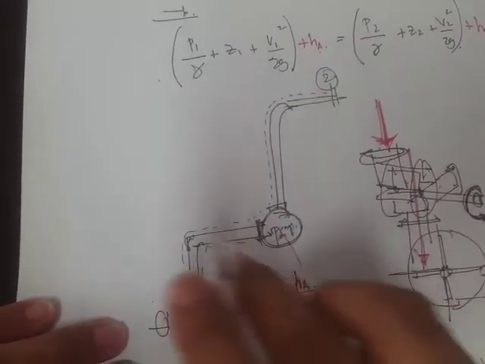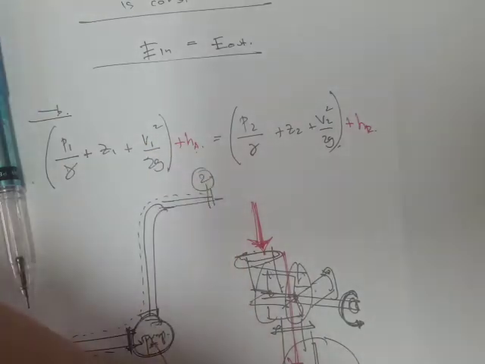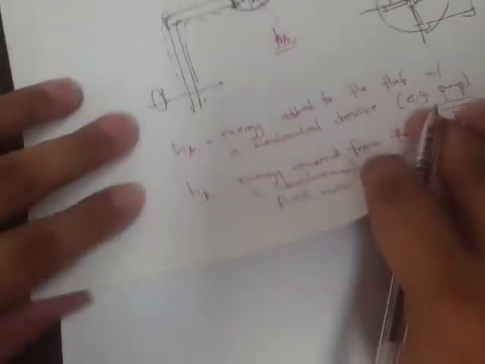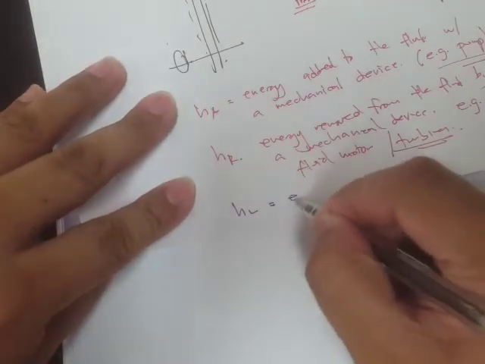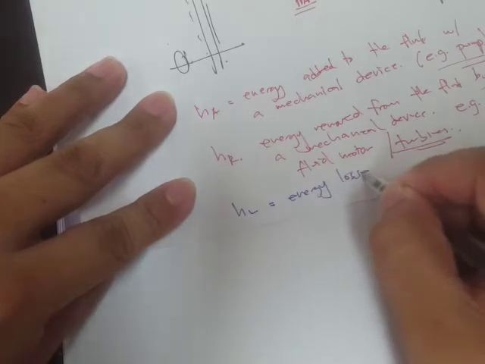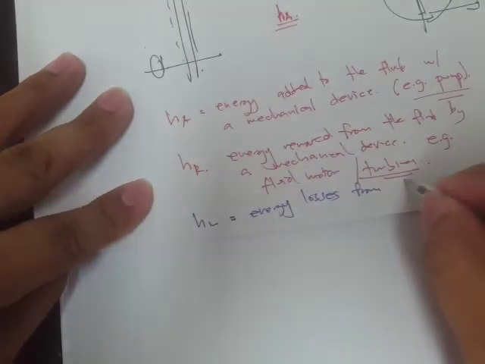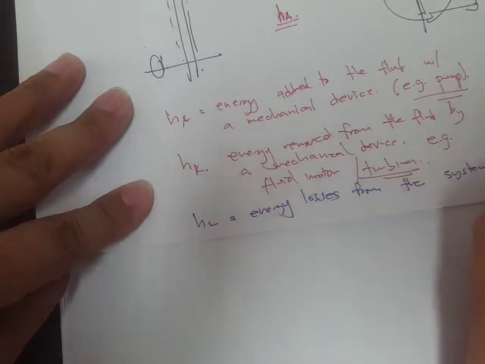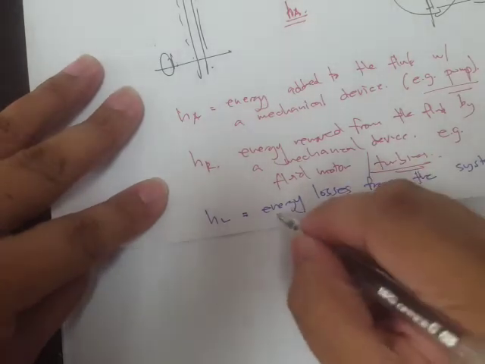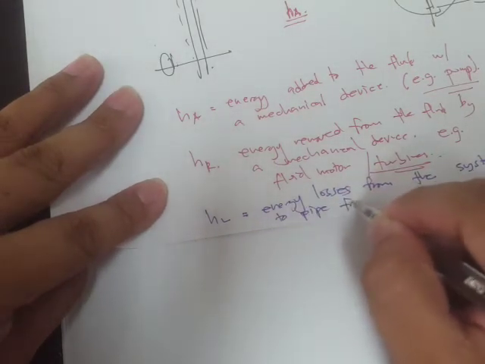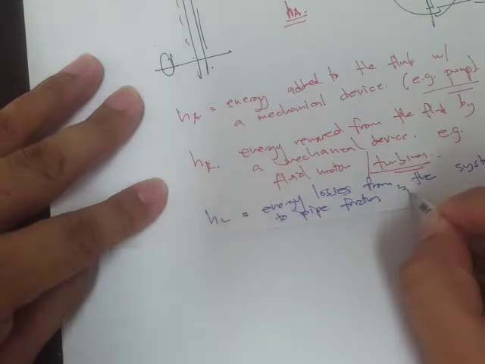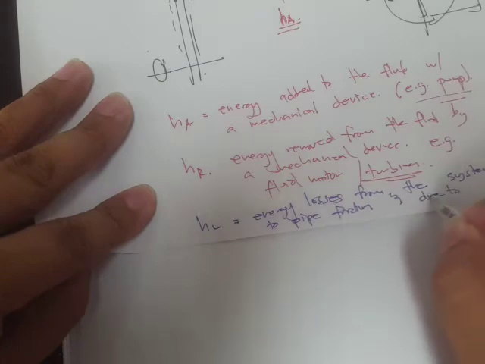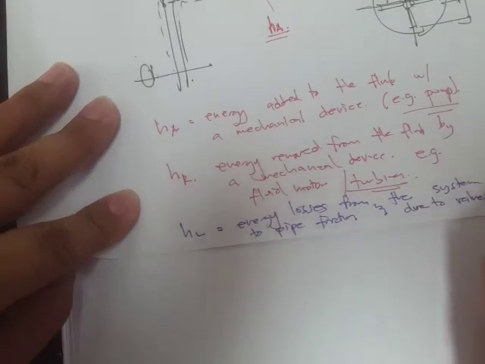That would be accounted for by the term H sub L. So plus H sub L. H sub L is the energy losses from the system due to pipe friction and due to valves and fittings.